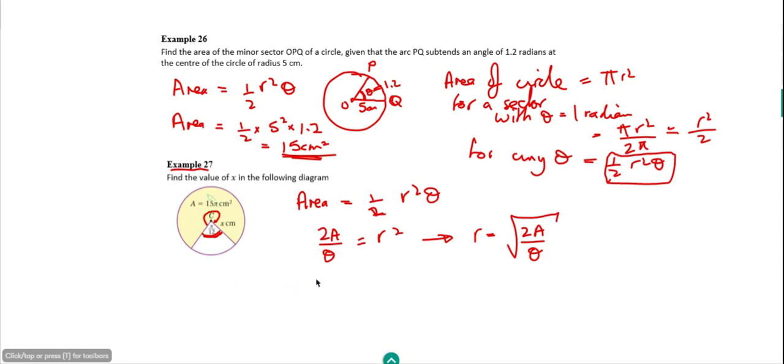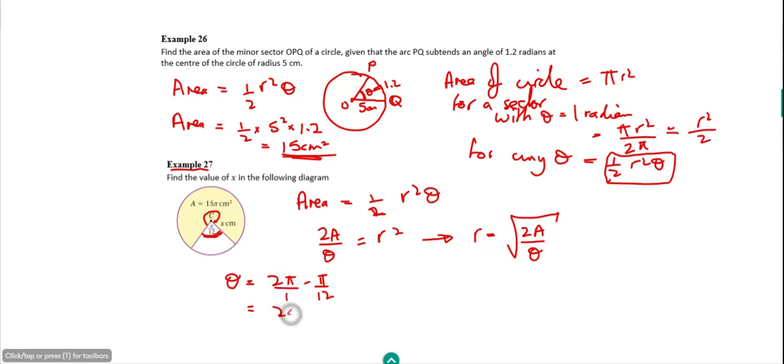Because we know the angles in radians of a full circle is 2 pi, if we take pi by 12 away from 2 pi, we'll get the angle that we're interested in. So theta will equal 2 pi minus pi by 12. We're going to need to multiply top and bottom of the 2 pi, imagine that could be 2 pi over 1, by 12.